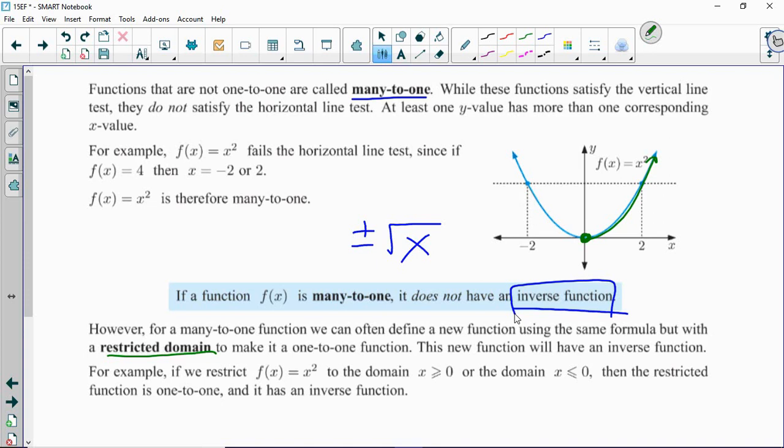So if we say that we have a function which is x squared, but only on the domain x greater than or equal to 0, or less than or equal to 0, or again, you could say greater than or equal to 1. Lots of options. Point is, if we restrict the domain appropriately, then the new function is one-to-one, and it will have an inverse function.